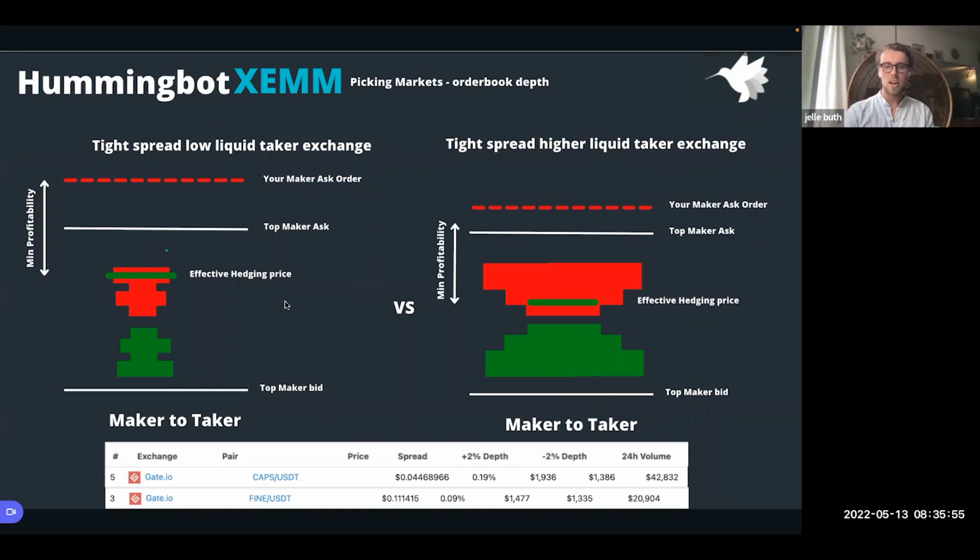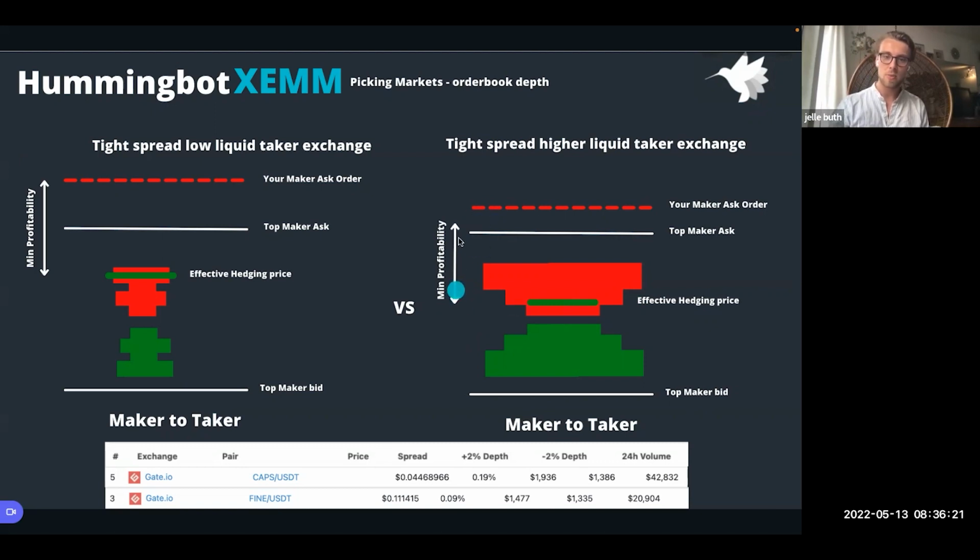On the opposite side, I have the other situation in which the order book depth is way more liquid. If I want to hedge the same order size on this exchange, there's way less slippage, which means my effective hedging price is lower if I want to buy on the taker exchange and place sell orders, which is more beneficial.